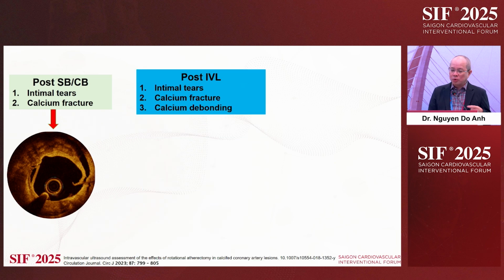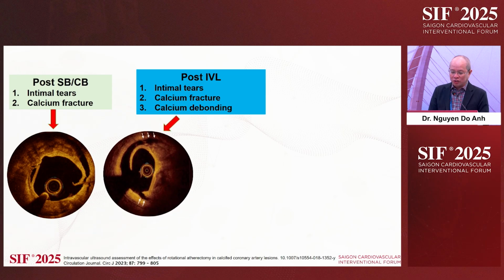A good indicator of good preparation of the lesion. But if you use IVL, we need three criteria. First is calcium fracture, second is intimal tear, and the third is calcium debonding. These three are the indicators of lesion preparation for the calcified lesion.